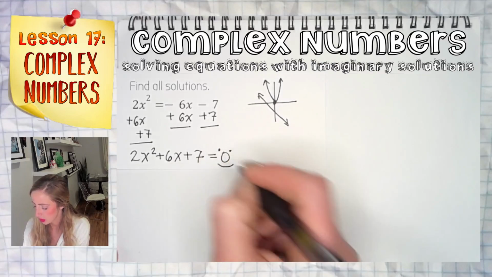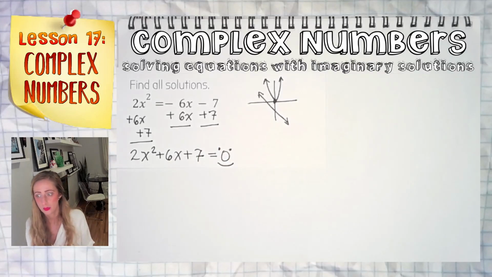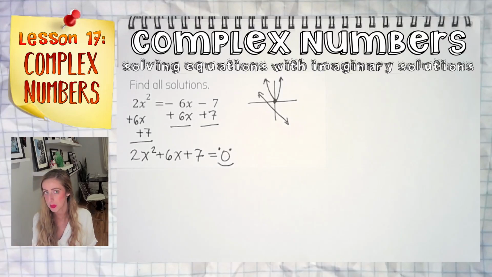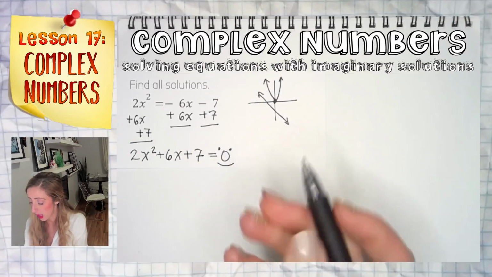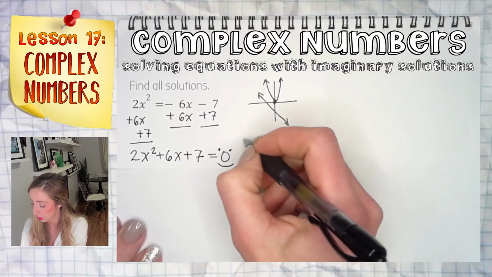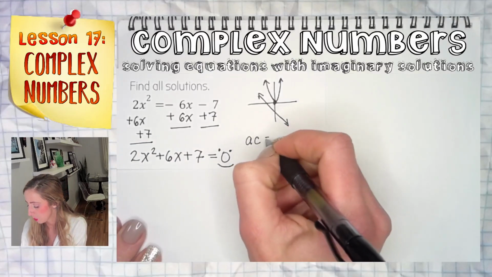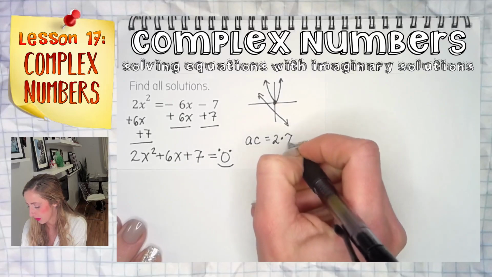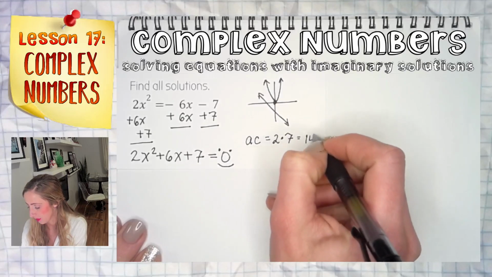We like to solve by factoring whenever possible, and then once it's factored, we could apply what we call the zero product property, where we set each factor or piece of the product equal to 0 and solve. But this won't be factorable. So if we tried the AC method and grouping, AC would be 2 times 7, which is 14.